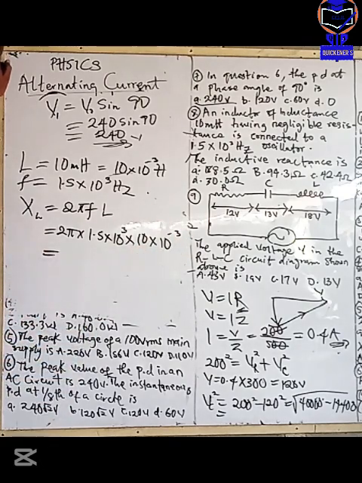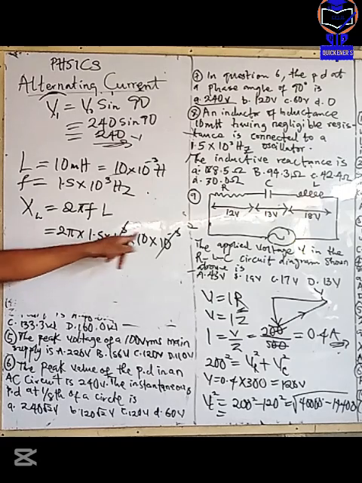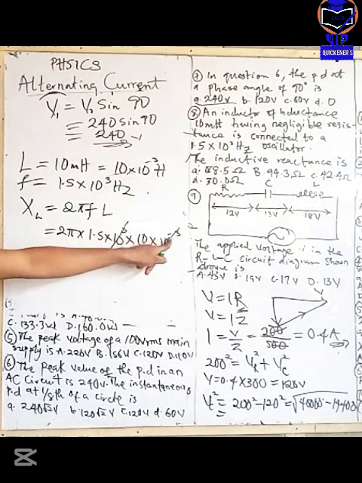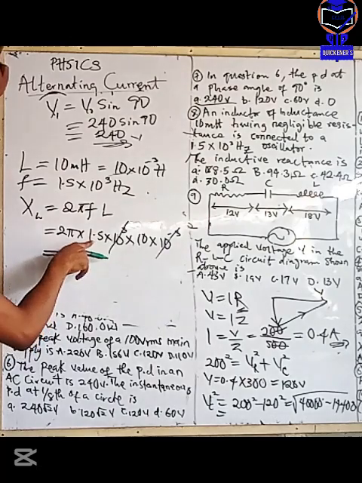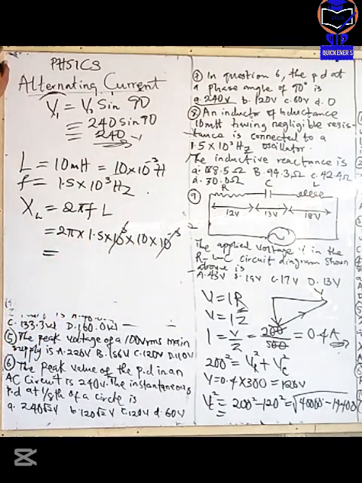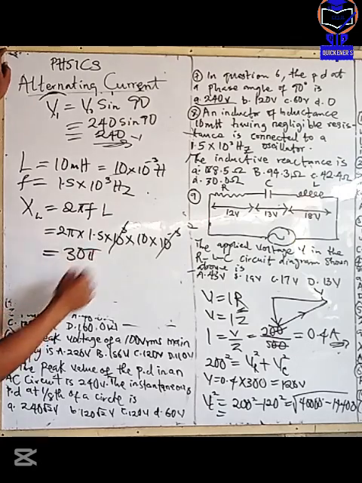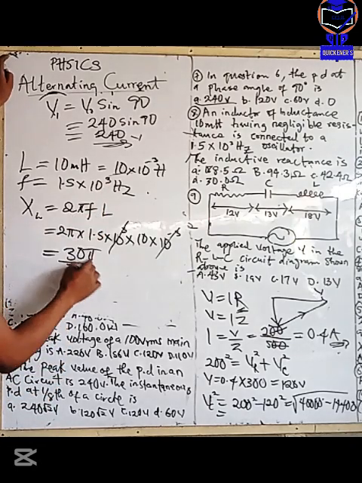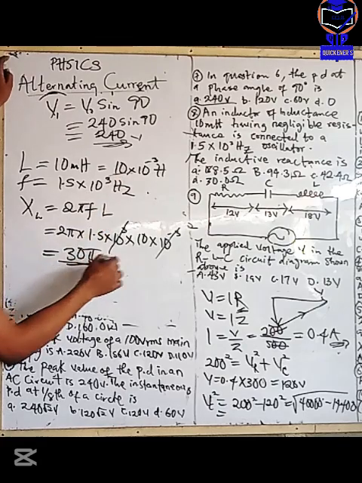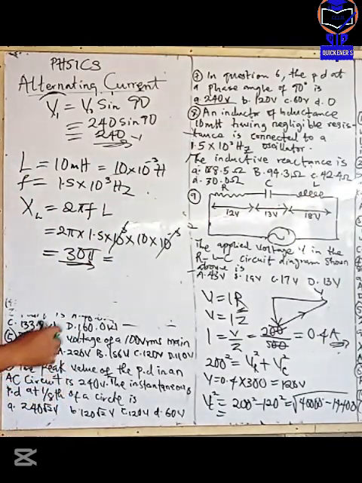This question is quite simple. How? Because this one will cancel this. The powers are plus 3 and minus 3, so 10 to the power plus 3 minus 3 is 0. So those two are gone. So all we have left is 1.5 times 10, that's 15. 15 times 2 is 30. So that's 30 pi. So our answer should be 30 pi. But since your answer is not in terms of pi, you can now press 30 pi on your calculator, and you get your answer.